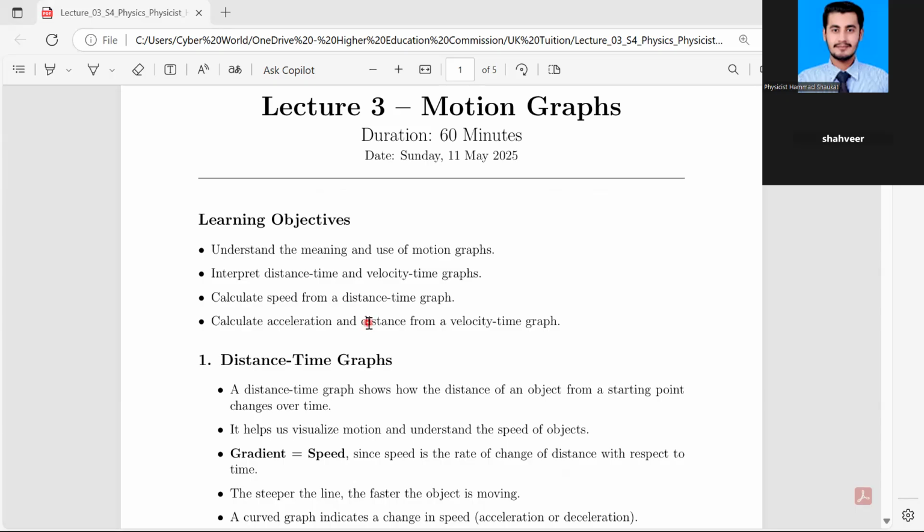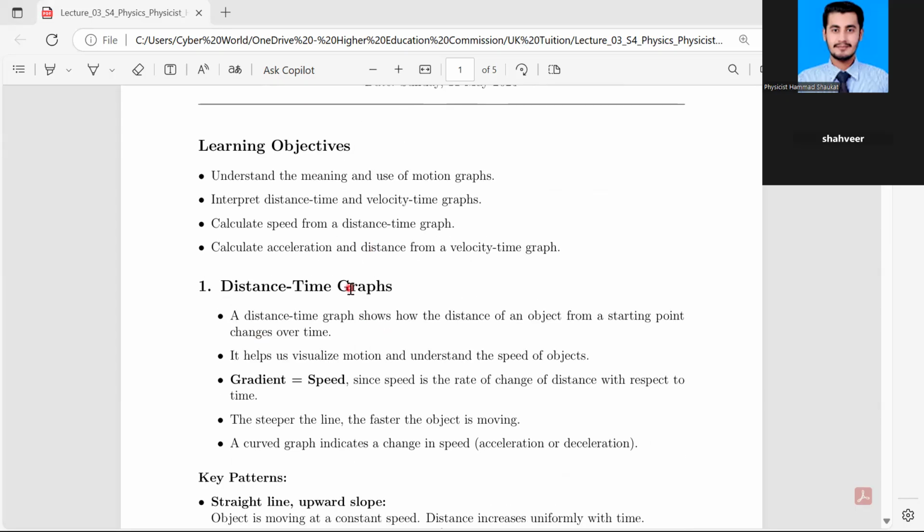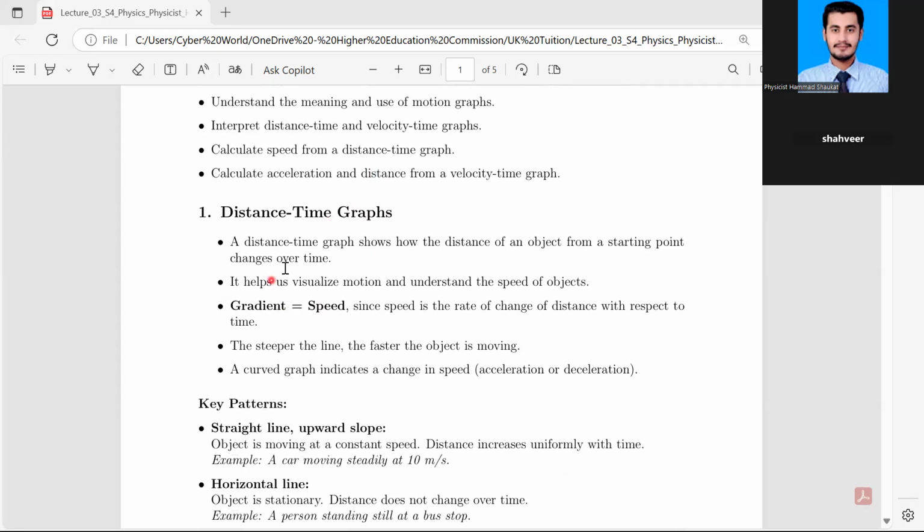So let's first start with the distance time graph. Basically, a distance time graph shows how the distance of an object from a starting point changes over time. You already know what distance is, what your body covered.